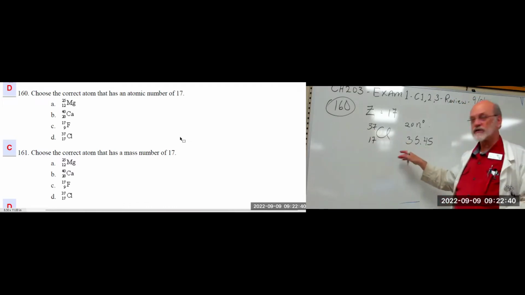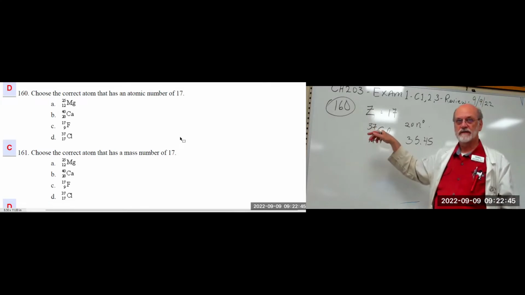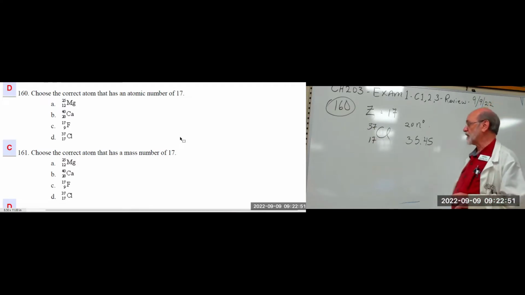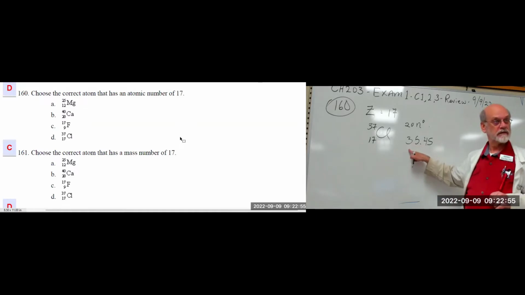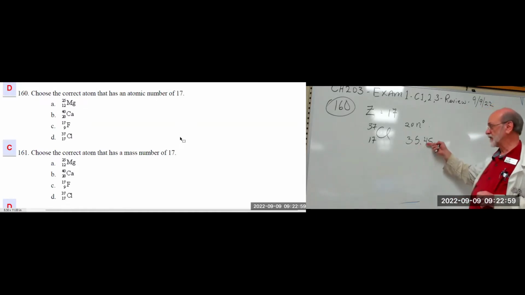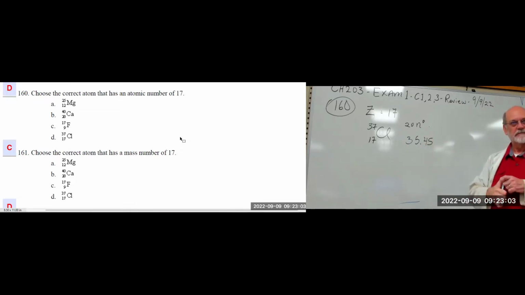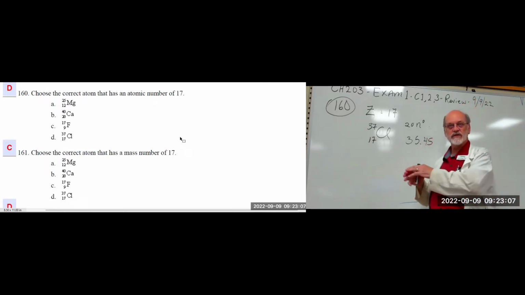It's a little high, so this particular isotope is probably not very common. It's a very small percentage of the naturally occurring abundance. Most of them are probably in the neighborhood of 35, and then you have another one that's probably 36, which bumps it up a little, and then 37 bumps it up a little more. Okay. That's the logic behind using this information to answer questions.